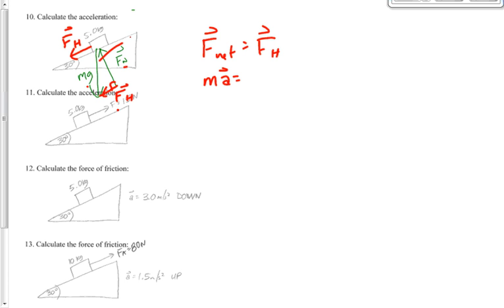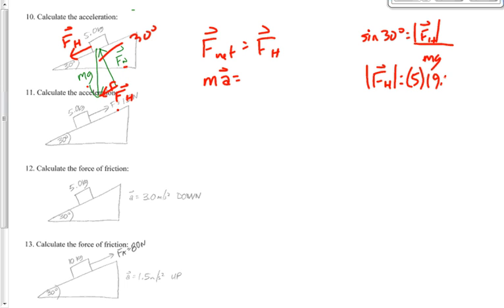What angle is that right there? 30 degrees. Let's say sine 30 degrees is equal to opposite over hypotenuse. That's going to be Fh over the hypotenuse, which is m times g. 5 times 9.81 times sine 30 works out to be, I don't have that answer on my sheet, I think it's 24 point something. 24.525, thank you.